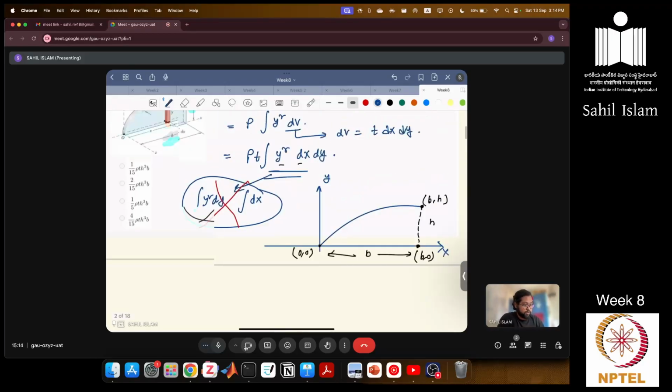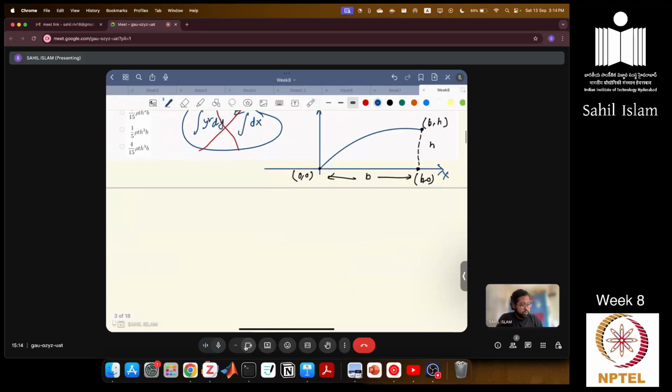So let's calculate Ix, which equals rho t times the integral over dx of the integral of y square dy. This will give some x dependence.